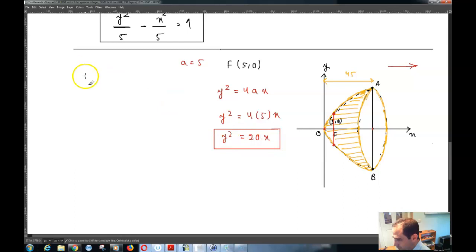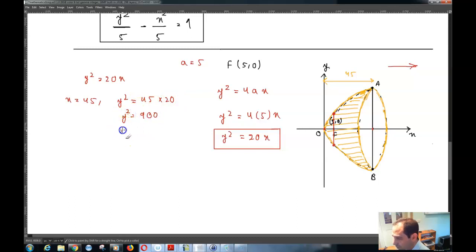So in this equation, if y squared is equal to 20x, and x is equal to 45, then y squared is equal to 45 times 20. 2 times 45 is equal to 90, so that's 900.